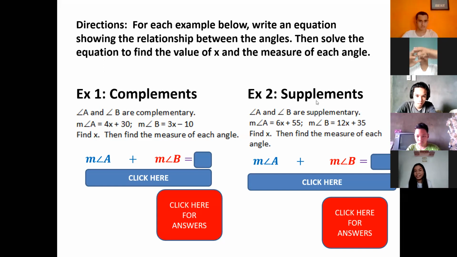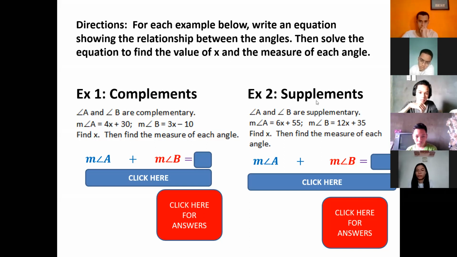So we have here the direction: find the unknown. You show it in a relationship of angles and then solve for the value of x. Example number 1, problems on complementary angles. Angle A and angle B are complementary. If you notice a small letter m before the symbol of an angle, this is, by the way, the symbol for angle, that is read as the measure of.